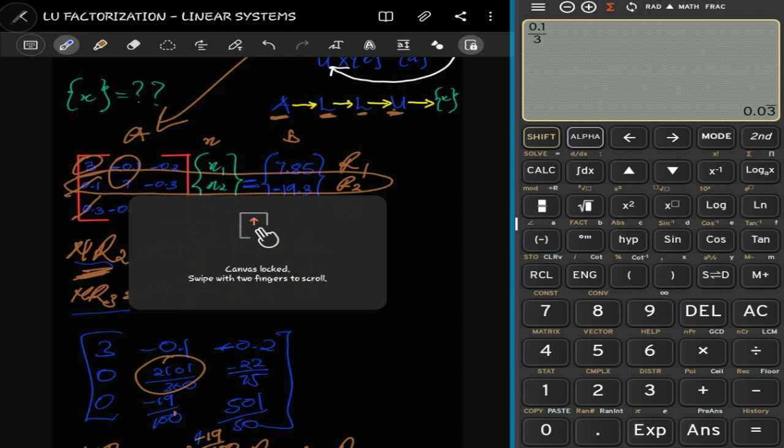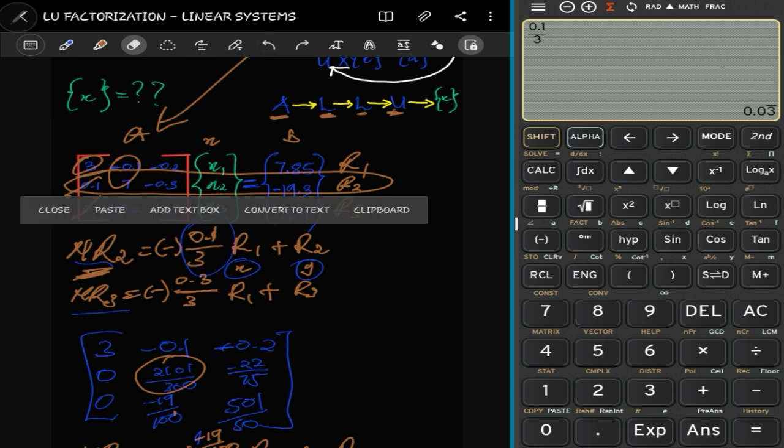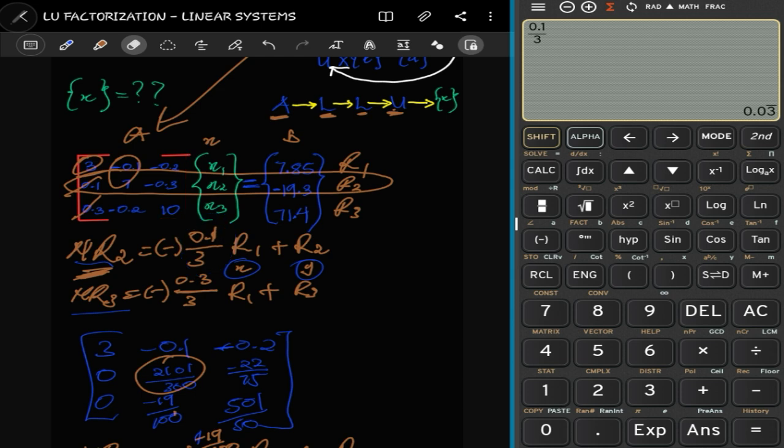The next one that we use, we go to the R3, and the factor that we used in that transformation is this one right here without the minus.